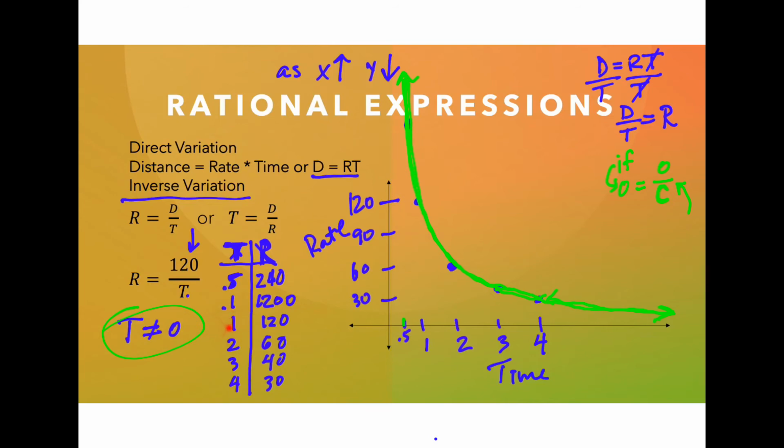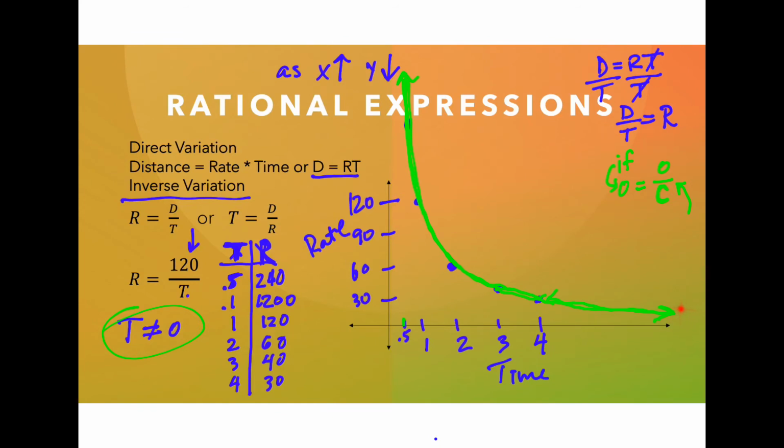If my time is 1 hour and I want to go 120 miles, then I need to be going at 120 miles per hour. So you can see as my time increases, the rate at which I need to be traveling decreases.